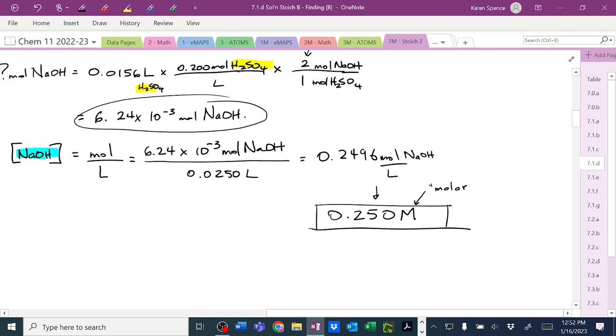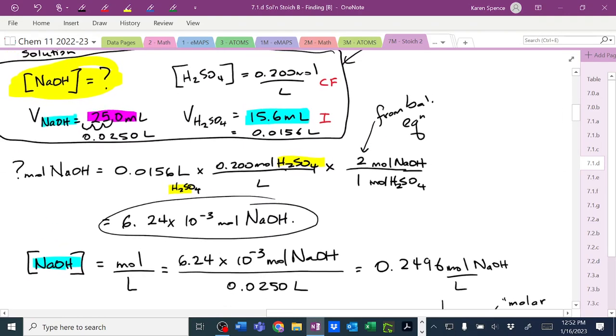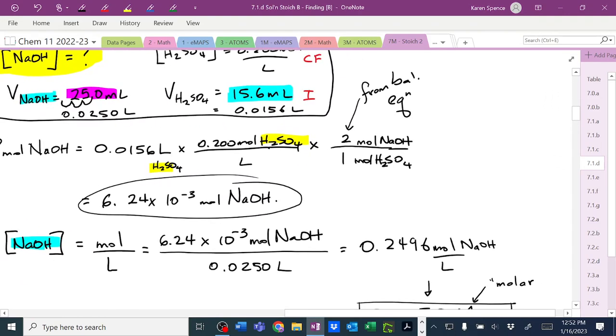Can I show you something that people do that often they get wrong? Okay, I'll show you a mistake here. So I'm going to focus in on this line here. Maybe I'll write this in red so you can see what's happening. People will do this and they'll get 6.24 times 10 to the negative 3 moles. And then they'll say, well, I want moles per liter, so why don't I just throw my liters down here?